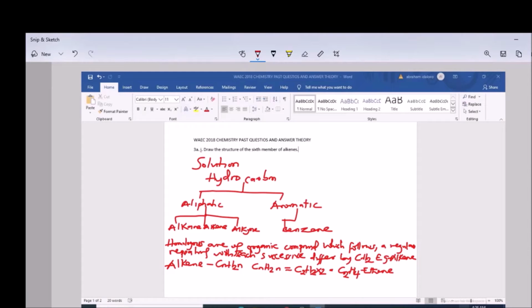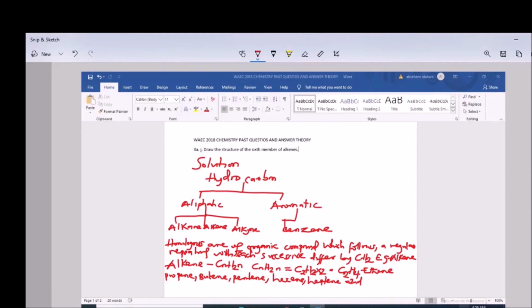alkanes, while we have propene, we have butene, we have pentene, we have hexene, then we have heptene to be the second, that is from ethene.